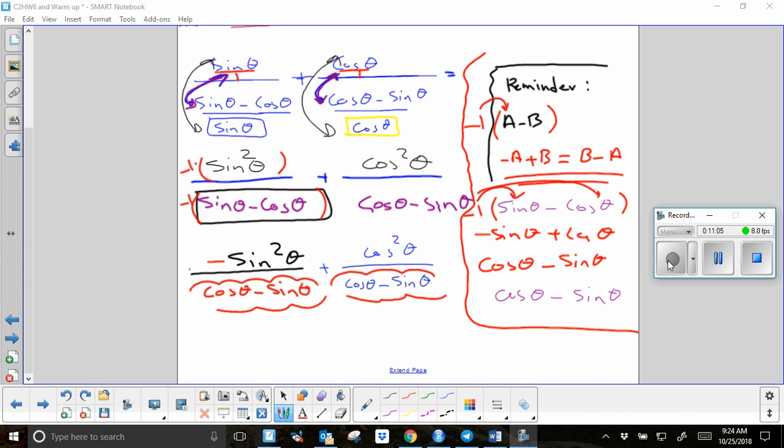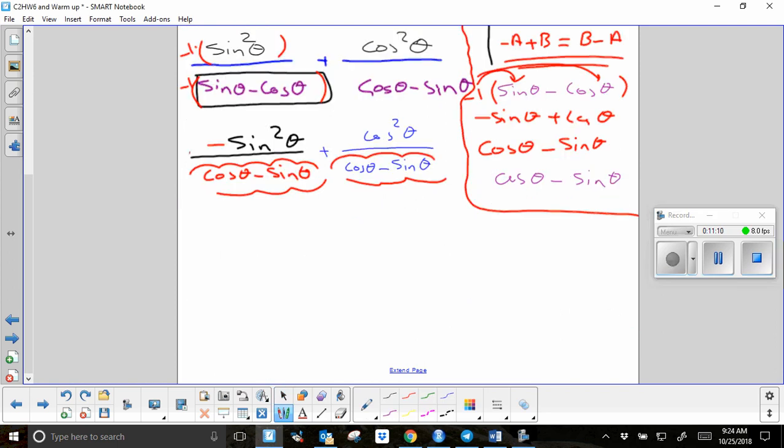Okay, now the denominators of both of the fractions are the same. So I'm going to write one of them and combine it. Cosine minus sine of theta. On the top, I'm going to have negative sine squared plus cosine squared. Right?